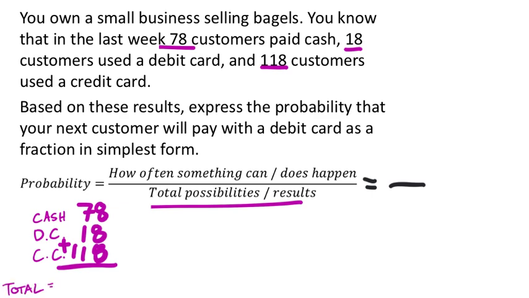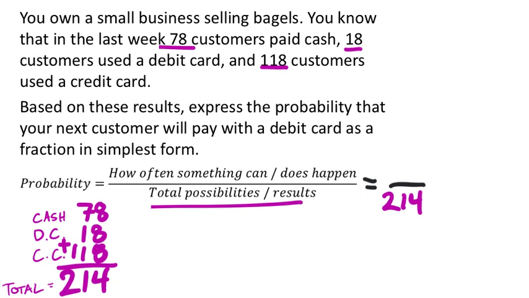On my calculator, I got 78 plus 18 plus 118. And when I push enter, this will tell me how many total customers paid, I guess, for bagels. That's 214 right there. Now again, this is my total possibility, so there's 214 customers that actually did come through this business that sells bagels.